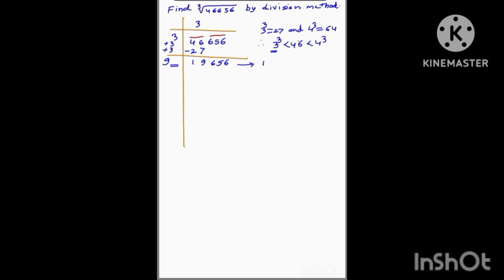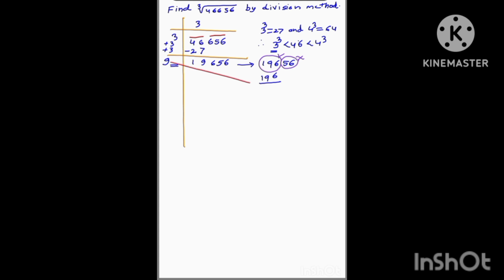So I am writing this 19656 again. We have to carry out some experiments with it. We have to neglect the last 2 digits, in this case 56. We have not considered this for the beginning, and we will consider only the 3 digits before this. Yes, 196, and we will carry out the further process with this. So 196, see what I am doing. 196 divided by, we are trying to find the number after that 9.